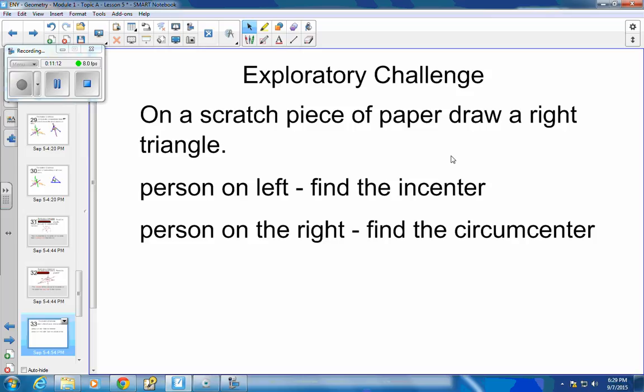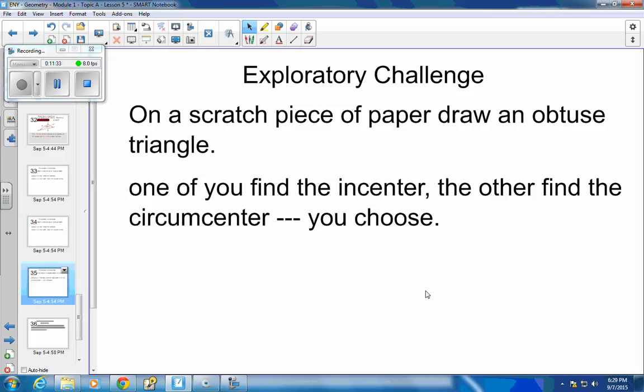Okay, so on a piece of scratch paper, draw a right triangle and see if you can find the incenter and the circumcenter. In class, we're going to do this in groups, so we can just explore this a little bit more. Then on scratch paper, you're going to draw an obtuse triangle, and you're going to find the incenter and the circumcenter.